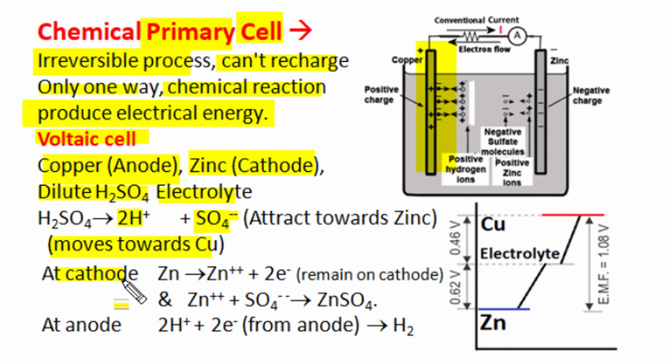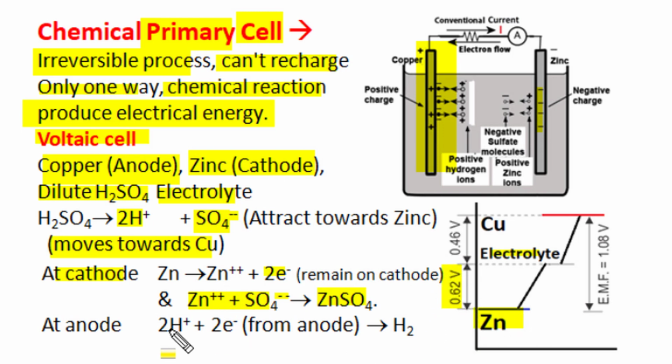At the zinc cathode, the zinc electrode receives two electrons from the sulfate ion and zinc chemically reacts with sulfate and forms zinc sulfate that gets dissolved in the H2SO4 solution. So zinc is consumed and per atom of zinc produces two negative electronic charges on the zinc electrode. Due to that, the potential of the zinc electrode with respect to the electrolytic solution gets reduced by an amount of 0.62 volt.